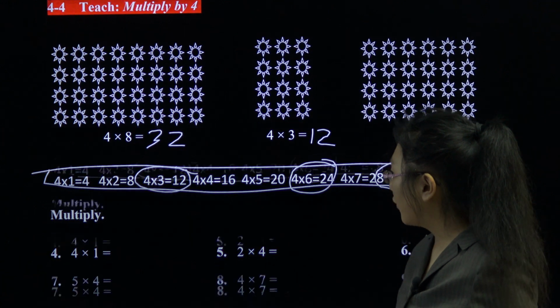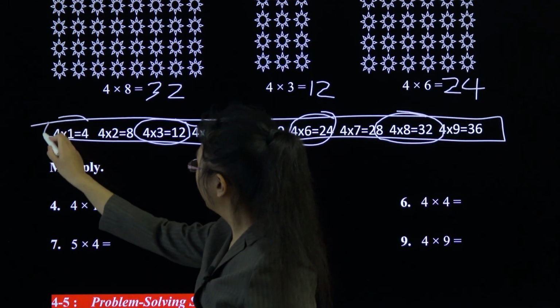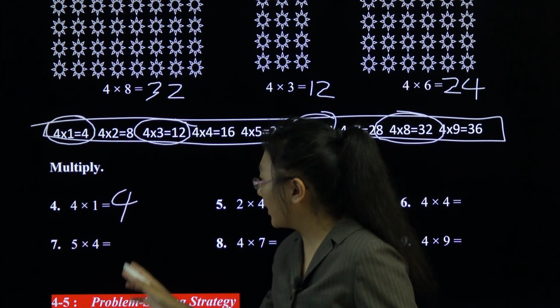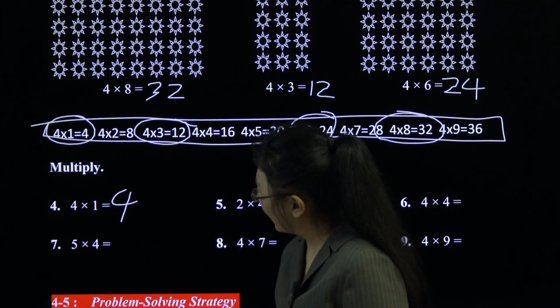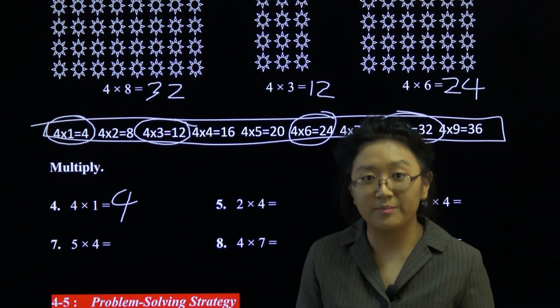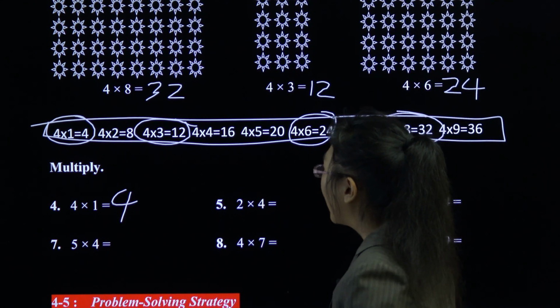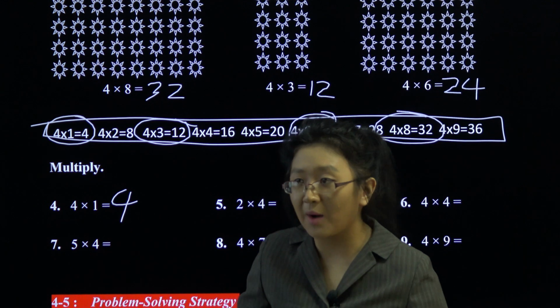Multiply. 4 times 1, 4. There is a general rule in multiplying things by 1, but right now we're just going to focus on 4. 2 times 4 and 4 times 2, commutative property.